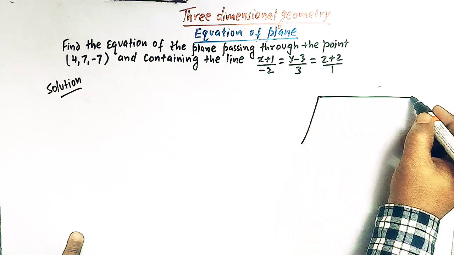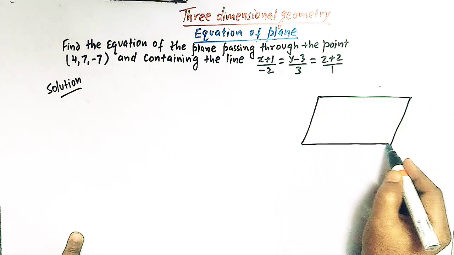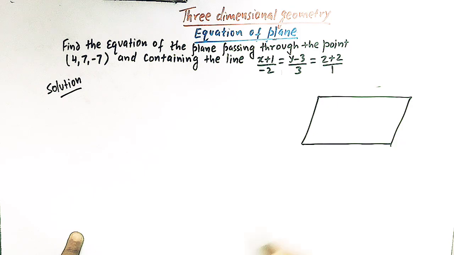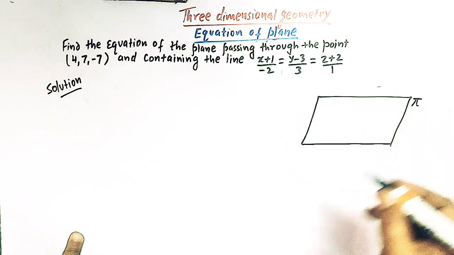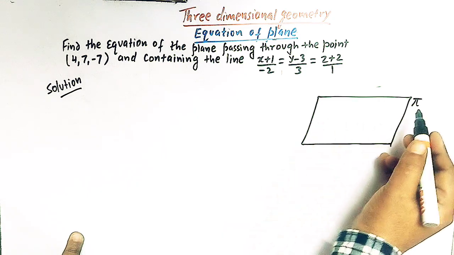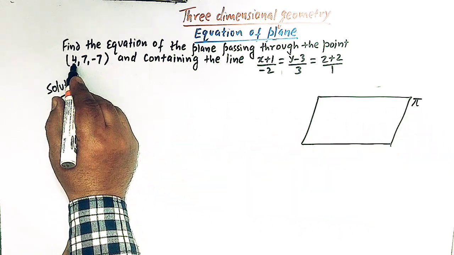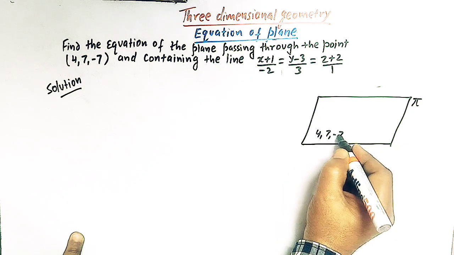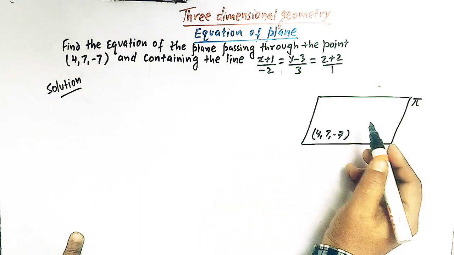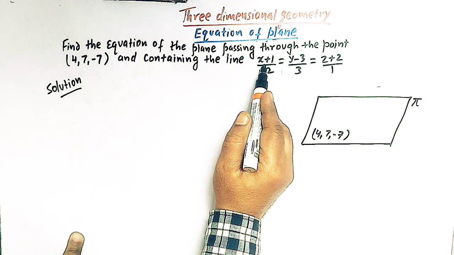Suppose this is the plane whose equation is to be obtained. Now this plane may be denoted by the letter pi, and here this plane pi contains this point, that is (4, 7, -7), and this plane contains this line.